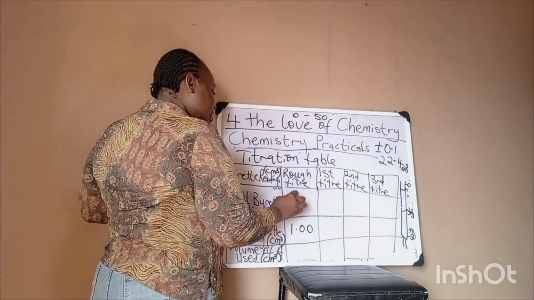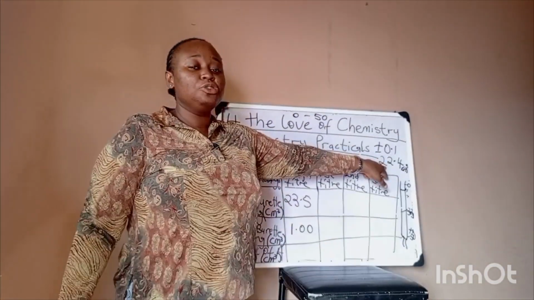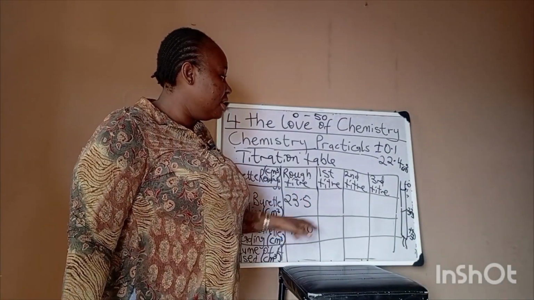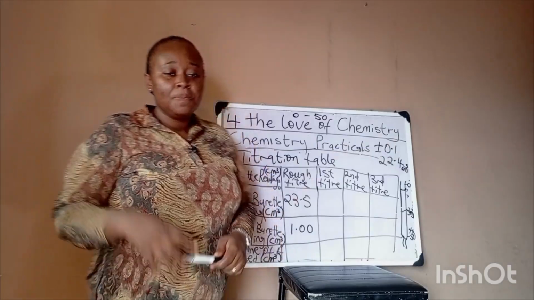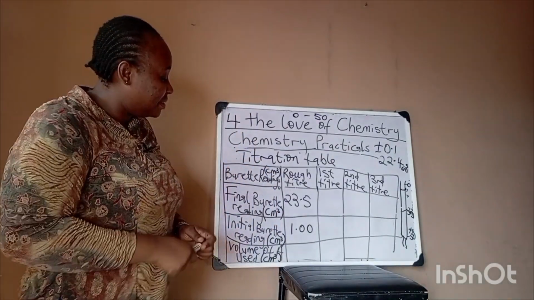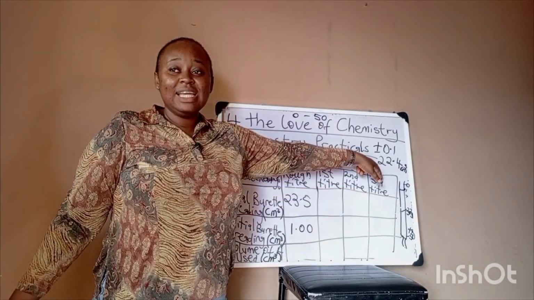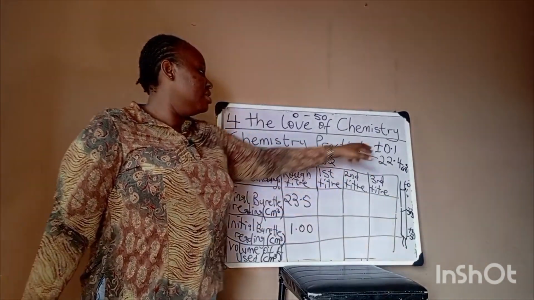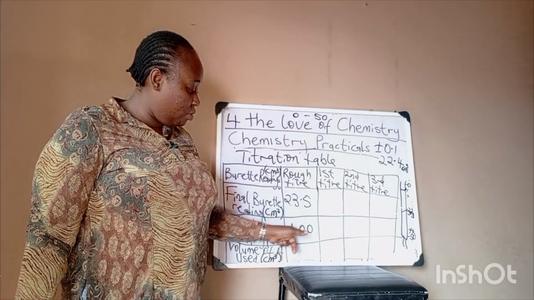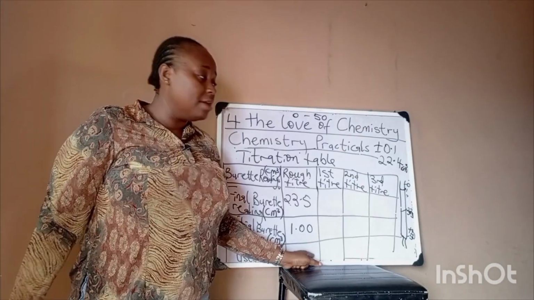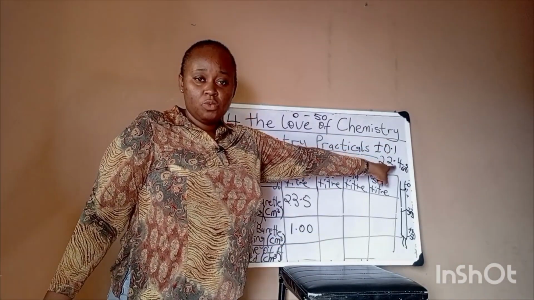The reason I said 23.5 is I am trying to make sure that when I subtract this from this, I will be getting nothing above this range. Let me explain again. Whatever you have in your initial burette reading, if this is your targeted endpoint, just add this to this and use it as your final. So that when you subtract 23.5 minus 1.00, you have 22.5, which is within the range of plus or minus 0.1 with 22.4.